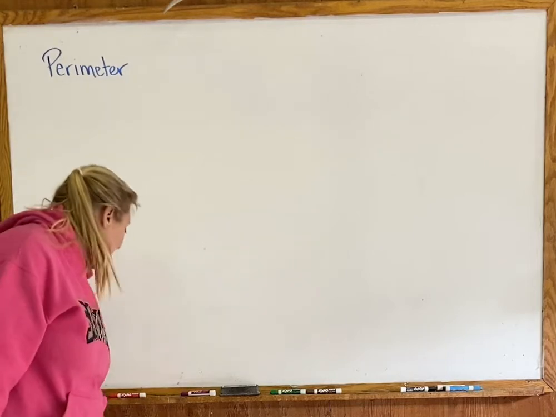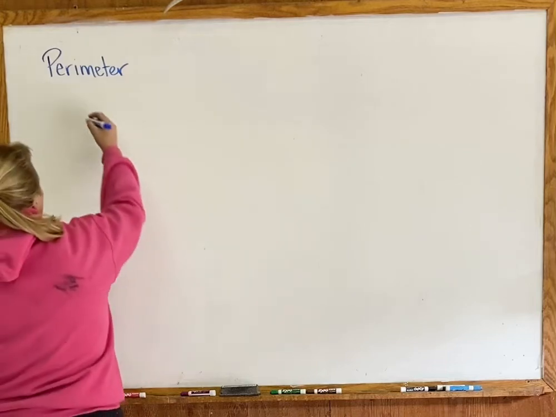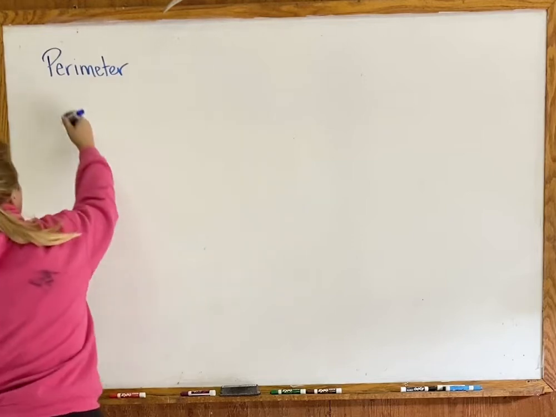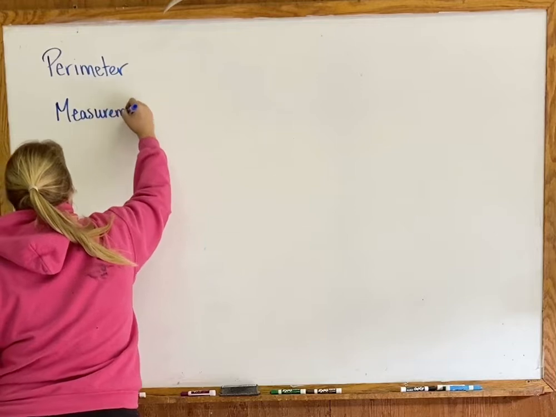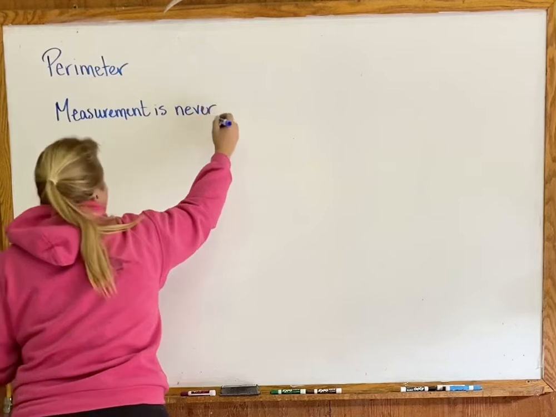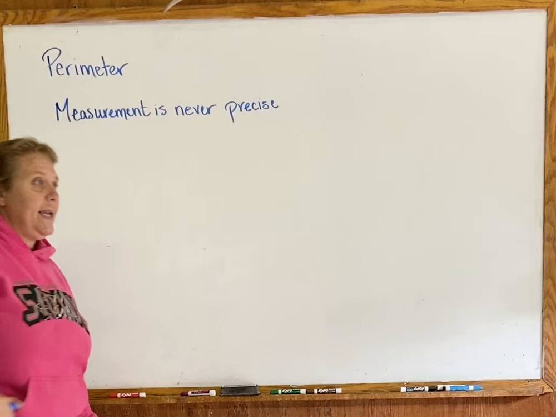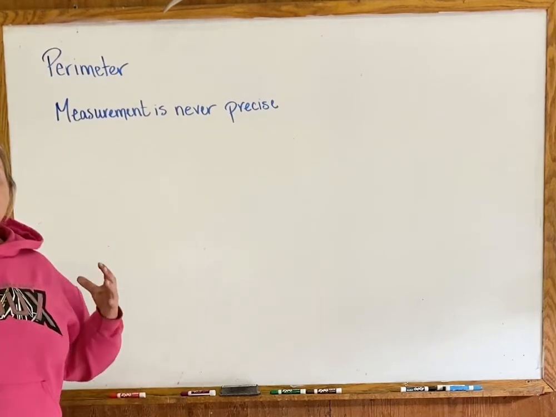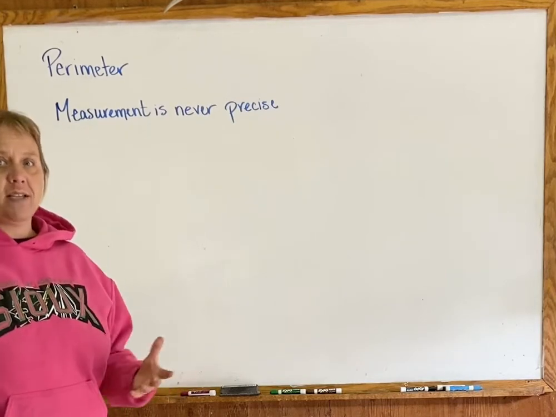All right. So, perimeter to start with. Before we actually get into perimeter, we want to talk about some things about measurements. The first thing to note is that measurement is never precise. When you measure something, however precise your tape measure is, or whatever you're using to measure with, that's how precise your answer is.